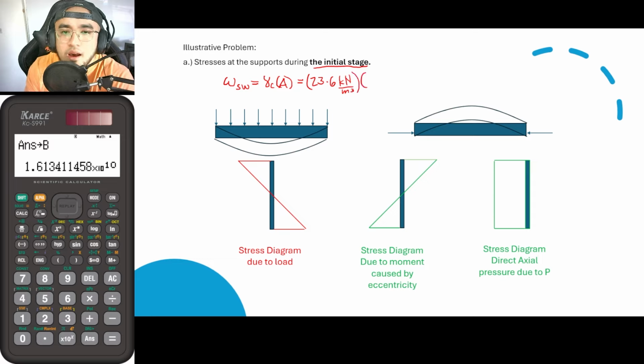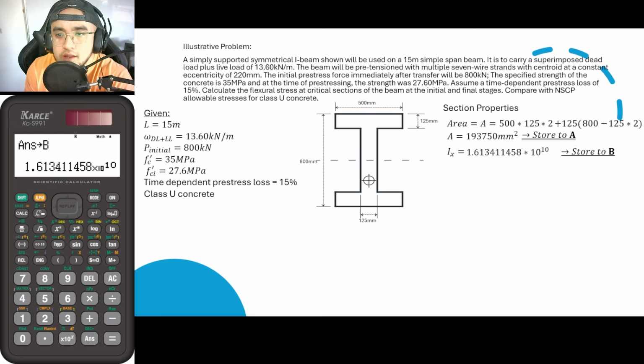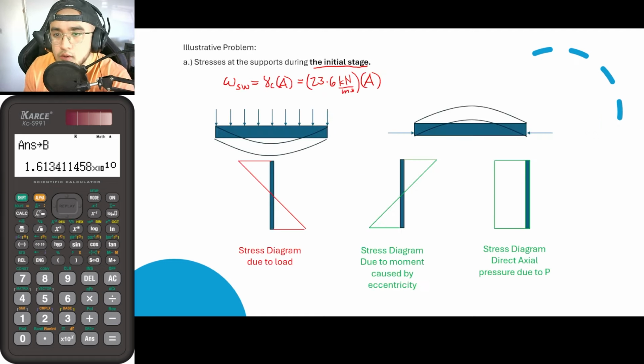times the area. What is the area? That is actually stored in A in my calculator. But take note that for my value for A, this is in terms of millimeters squared. So if it is in terms of millimeters squared, I would first convert this into meters squared.